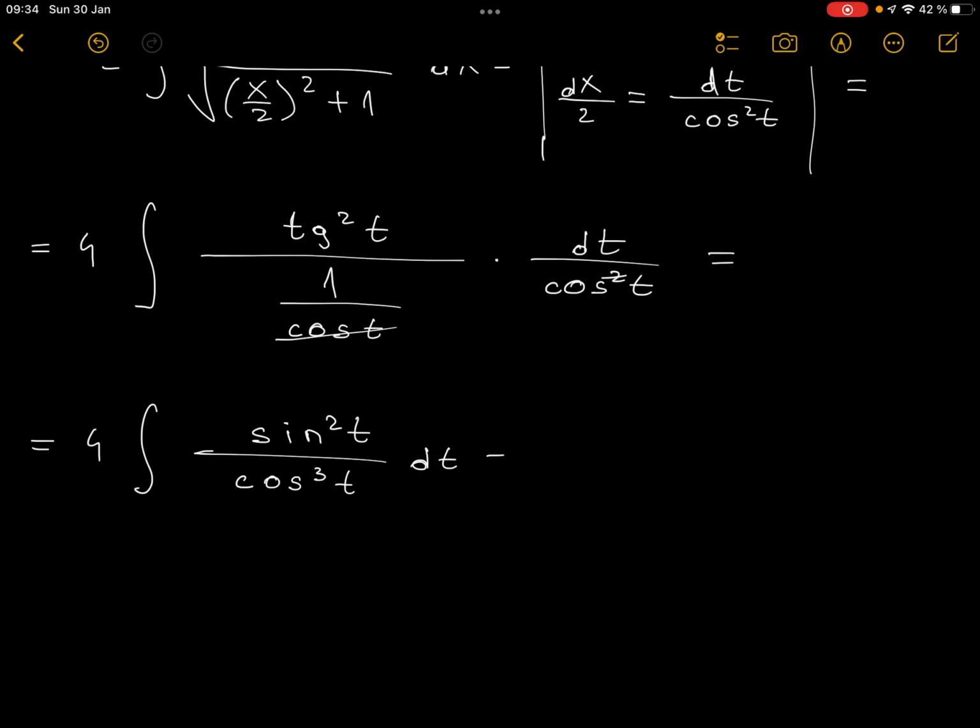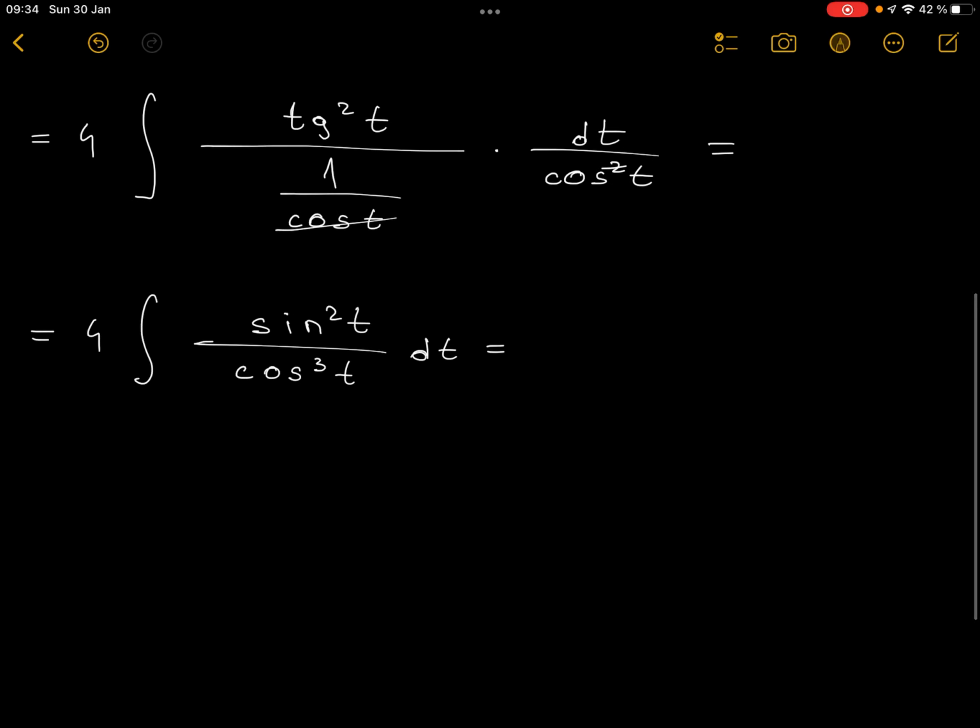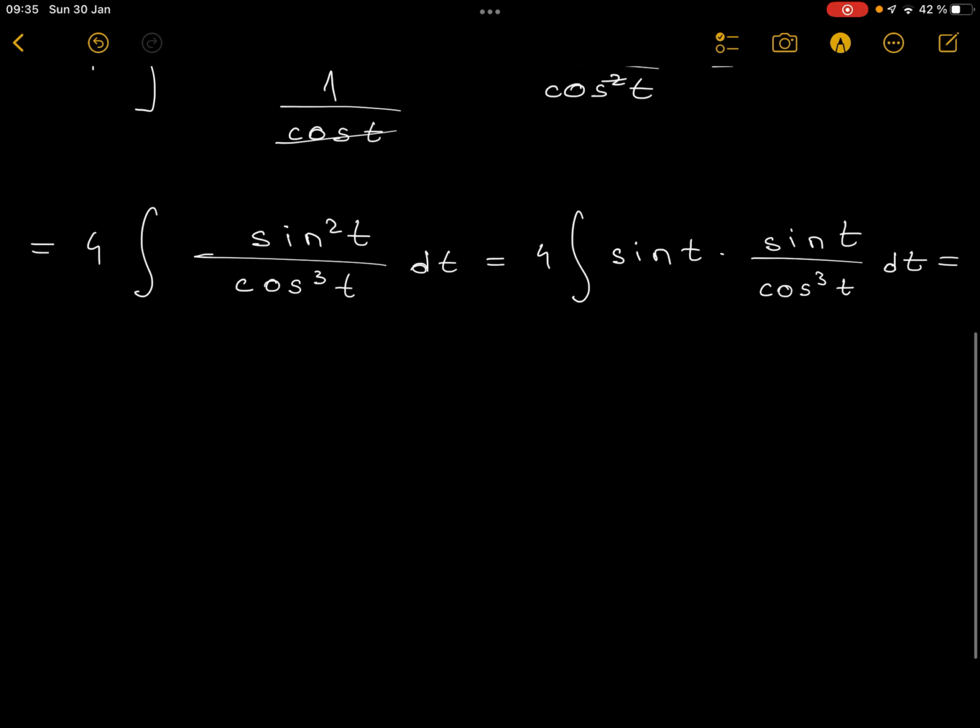Well, we could go ahead and rewrite it as 4 times the integral of sine t times sine t over cosine to the third power of t dt.